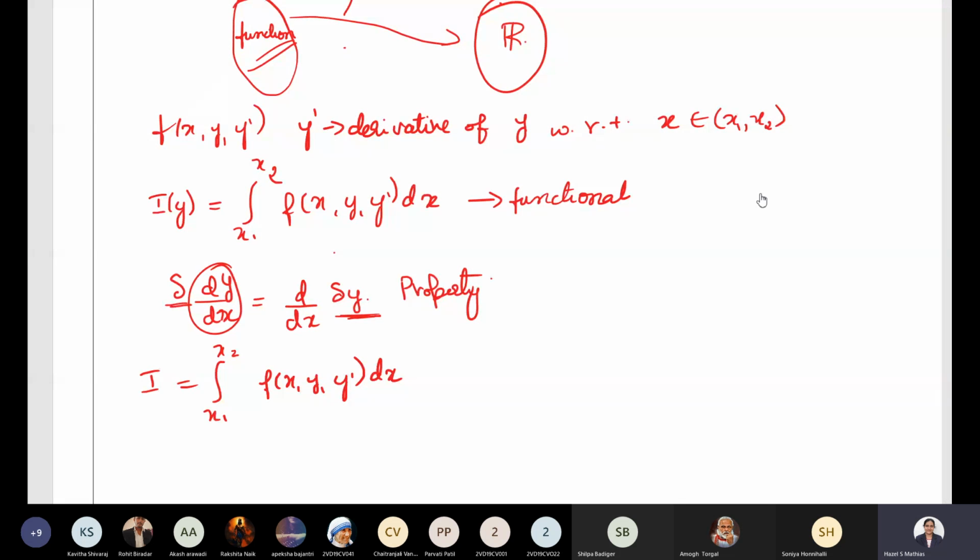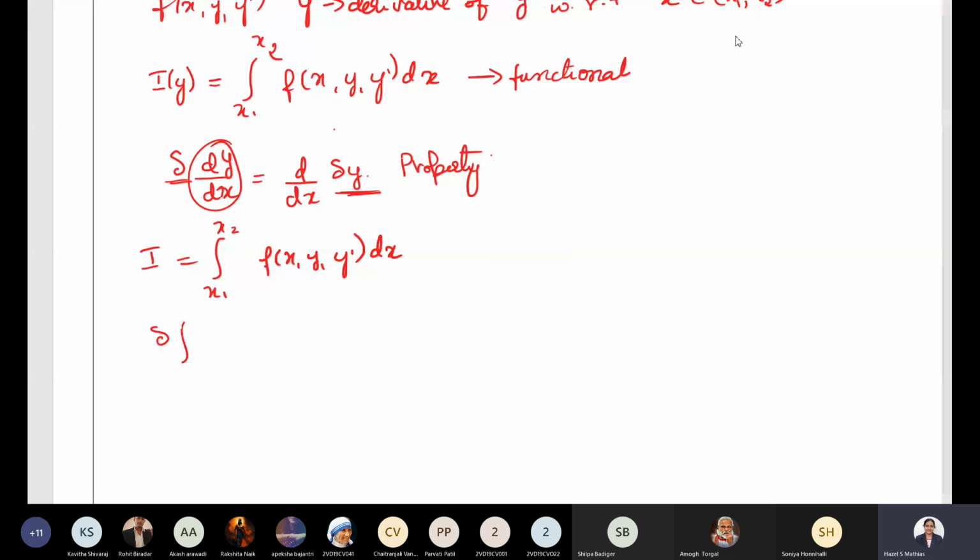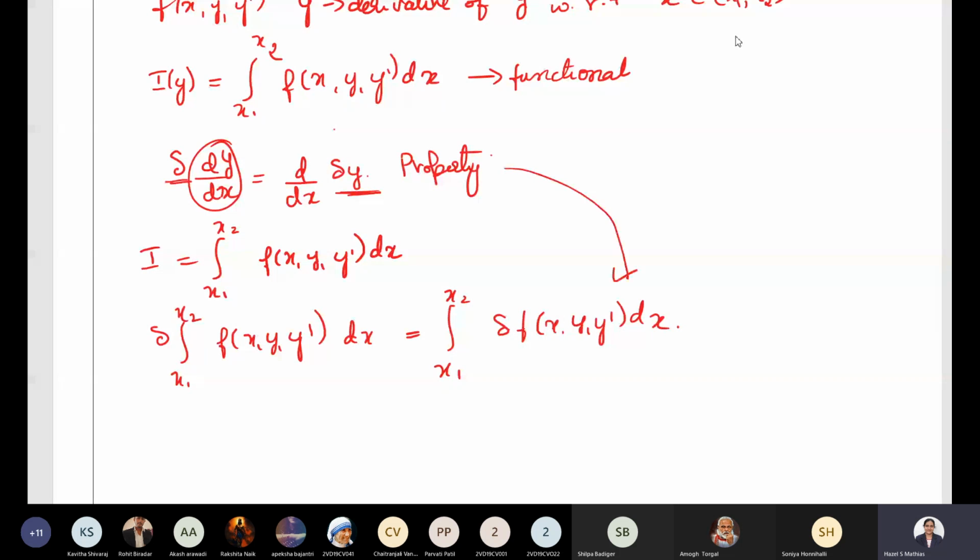A small variation in the functional, integral x1 to x2 of f of x comma y dash dx, is nothing but the integral x1 to x2 of a small variation in f of x comma y dash dx. By applying this property, a slight variation in the functional can be given by the slight variation in the function.